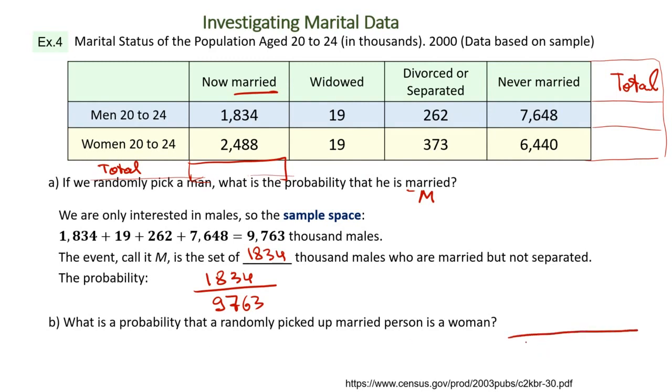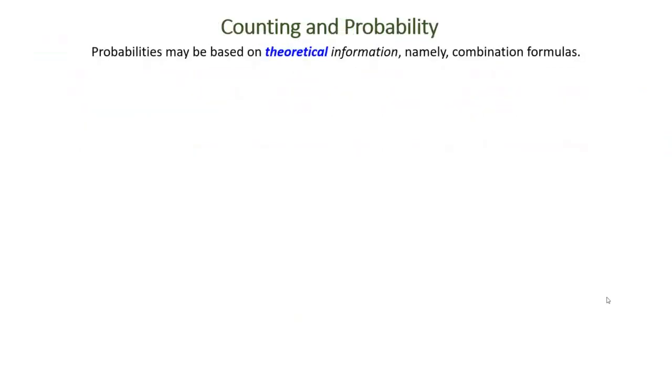So the sample space will be 1834 plus 2488, and the event is a married woman, 2488. So this is how we work with the empirical data. We usually have the probability given by the table, and we work with these numbers. Okay.